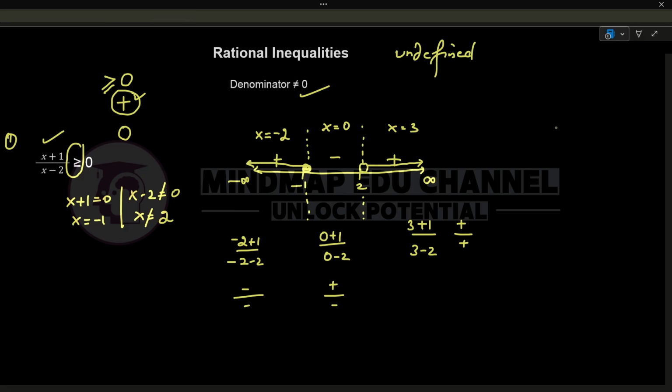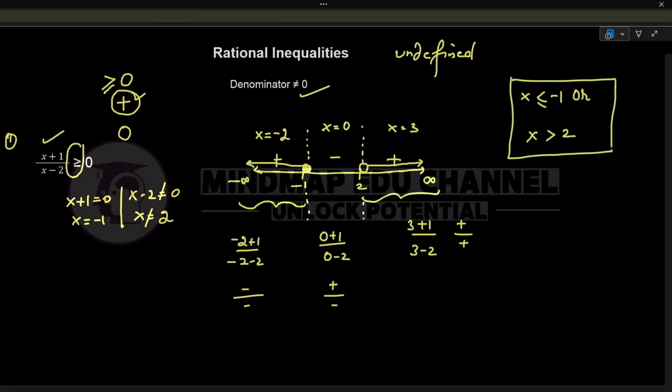So how are we going to write this in inequality notation? From this section, x is less than or equal to minus 1, or from this section, x is greater than 2. Clear? So this is our answer in inequality notation.